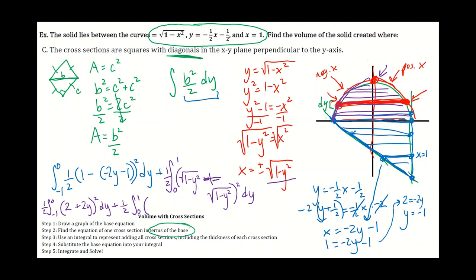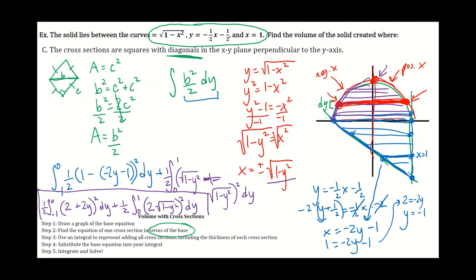So that's the square root of 1 minus y squared plus the square root of 1 minus y squared, which is 2 square root of 1 minus y squared dy. Now in this case, you could distribute the squared part here, and get 4 times just 1 minus y squared, and the square roots would go away. But I'm just going to go ahead and leave my answer like this.